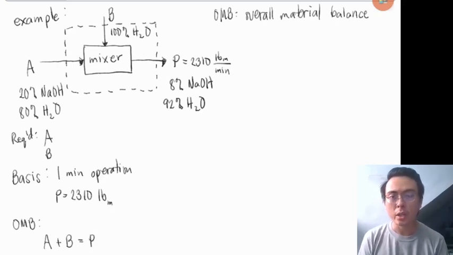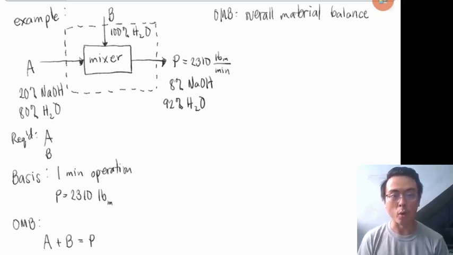As you see here, the use of letters as representations of the streams comes very handy because we can easily represent them in an OMB. It would be very difficult to perform an OMB if you are using words or phrases to represent the streams. That would be very tedious to write.